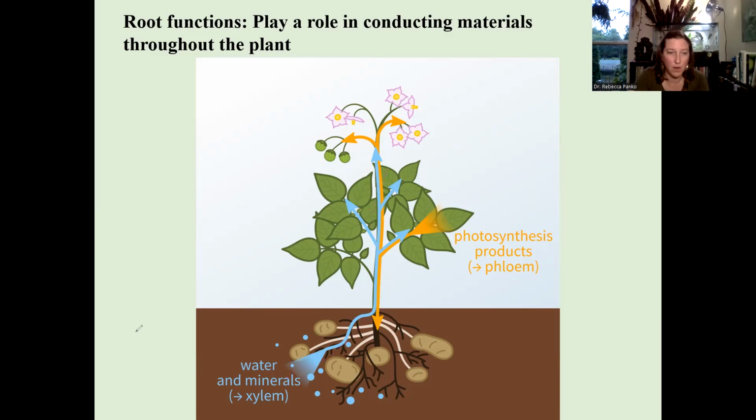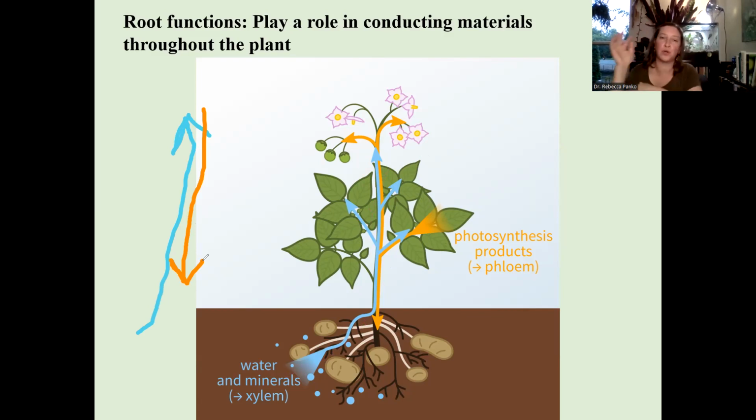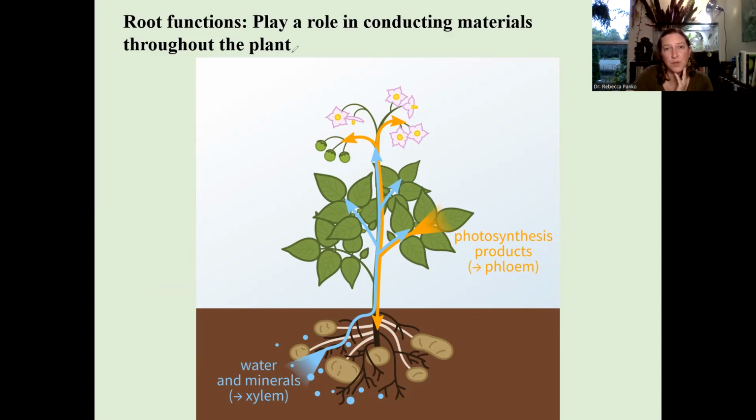As water moves up through the plant, it actually helps sugars move down through the plant. It's like the liquid movement of water kind of helps push sugars to where they need to go. So that's what it means when it says plays a role in conducting materials throughout the plant.